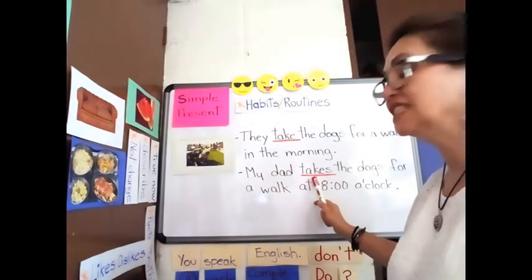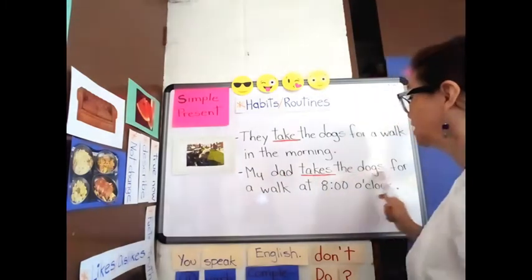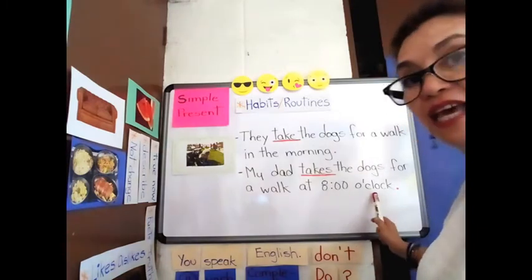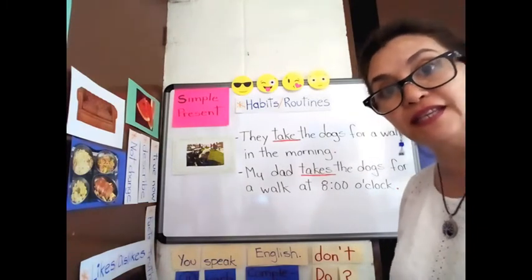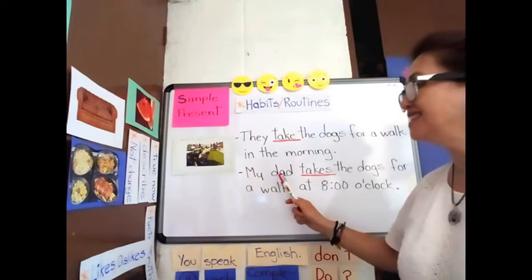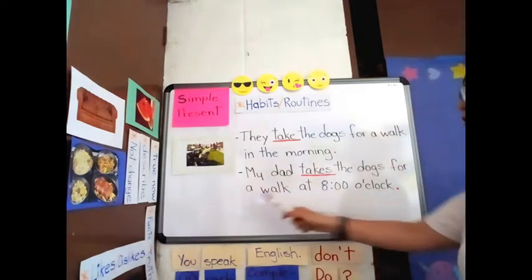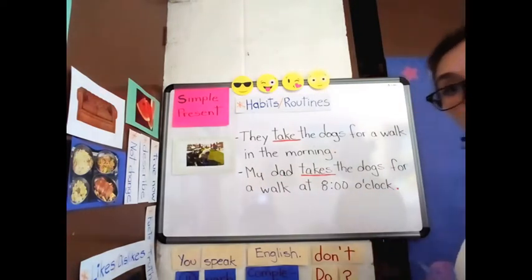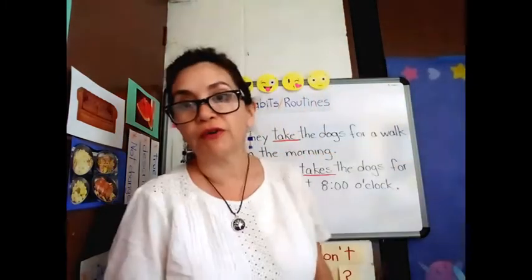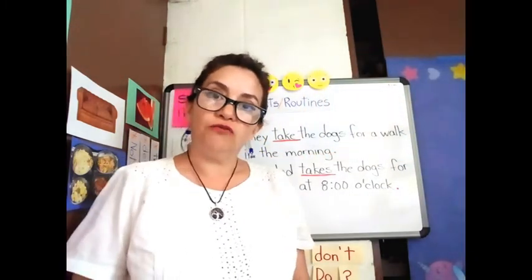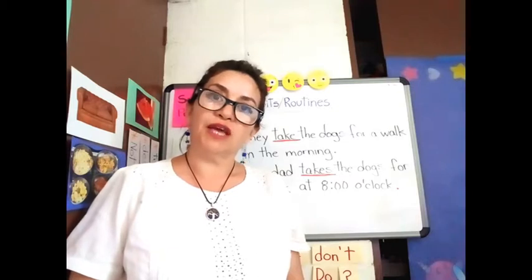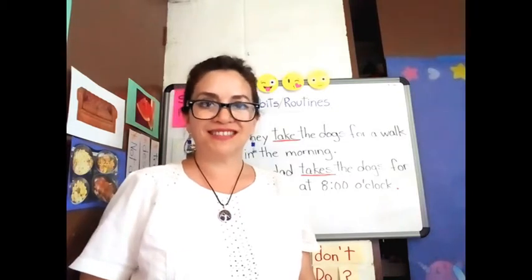My dad takes the dogs for a walk at 8 o'clock. Can we read the sentence again? My dad takes the dogs for a walk at 8 o'clock. Very well. This is all for examples about daily routines and habits.